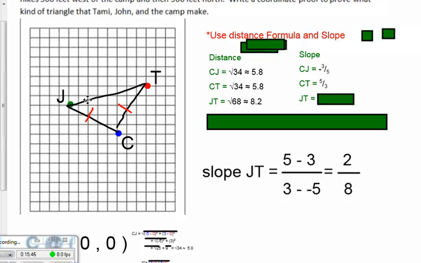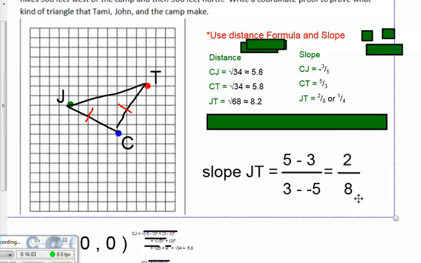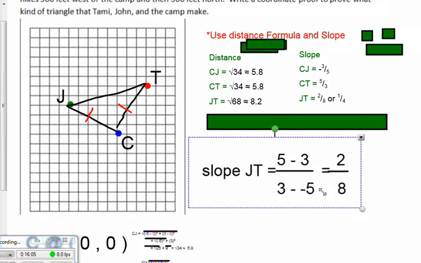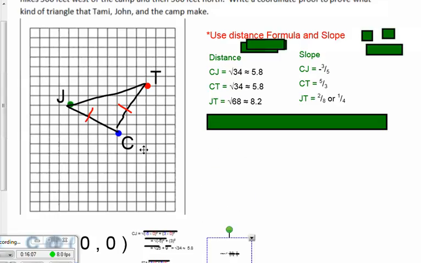So we have 2 over 8, and that kind of makes sense. If we go from here, we have to go up 2, 1, 2, over 1, 2, 3, 4, 5, 6, 7, 8. Up 2 over 8 to get there. So our slope is 2 over 8. Or we can simplify that. 2 over 8 is the same as 1 over 4. So these are the slopes that we have for each of our sides.